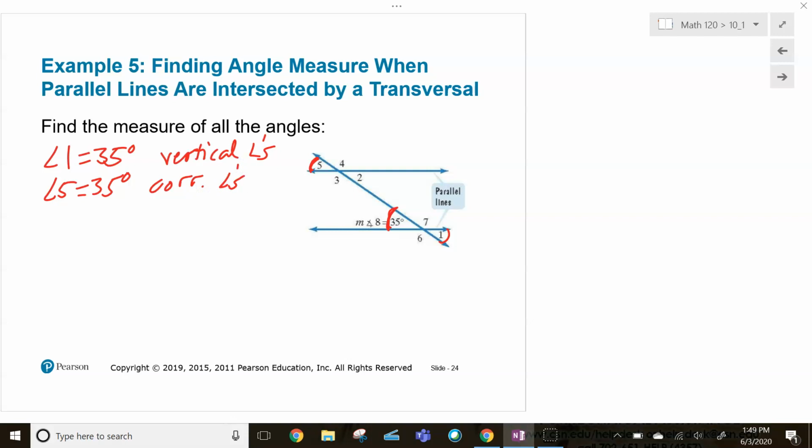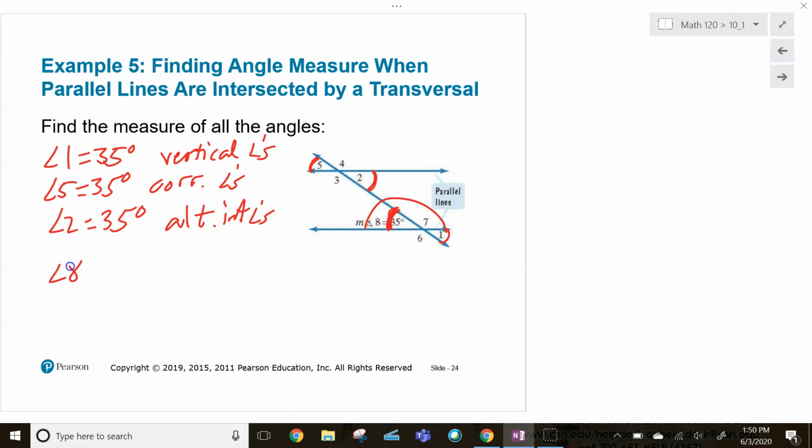Let's do alternate interior angles to angle 8. If angle 8 is 35, angle 2 is 35 degrees. Angle 8 and angle 2 are alternate interior angles. Now, how are we going to find some of these other ones? Like angle 7. If you look at these two, they're on a straight angle.